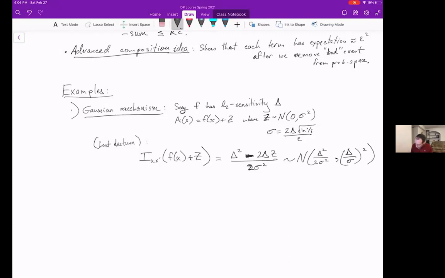All right, because of the way we set sigma, this is the same thing as having mean epsilon squared over 4 log 1 over delta. The constants don't really matter, but the point is that it's about epsilon squared, and the standard deviation is about epsilon over square root of log 1 over delta. So when you look at this, what you should be thinking is that the mean is something like epsilon squared, and the standard deviation is something like epsilon.